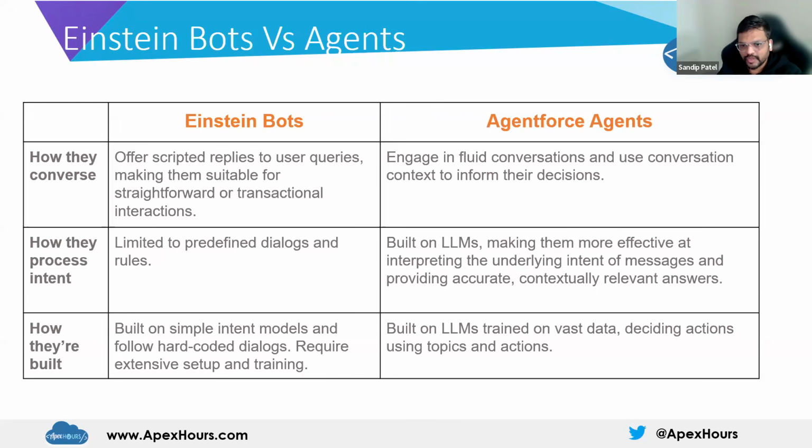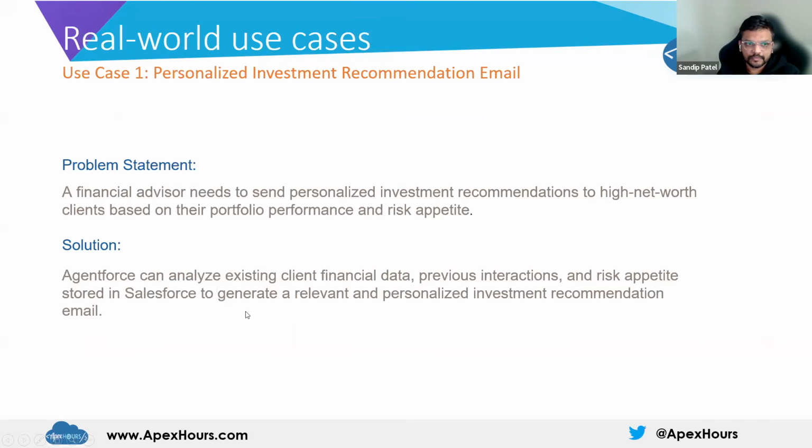As long as you start conversing with it, it will give you more and more refined answers. And it can ask you if you miss something. If you provided an email address and it seems like there is a mistake, it will say that this is not a correct email address. That can happen because we are using LLMs in the back end of Agentforce. So that is the main difference.